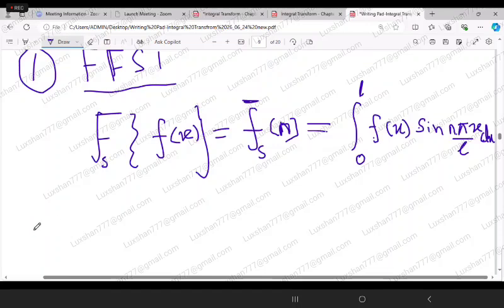Then the inverse of this one. The inverse is actually fx.